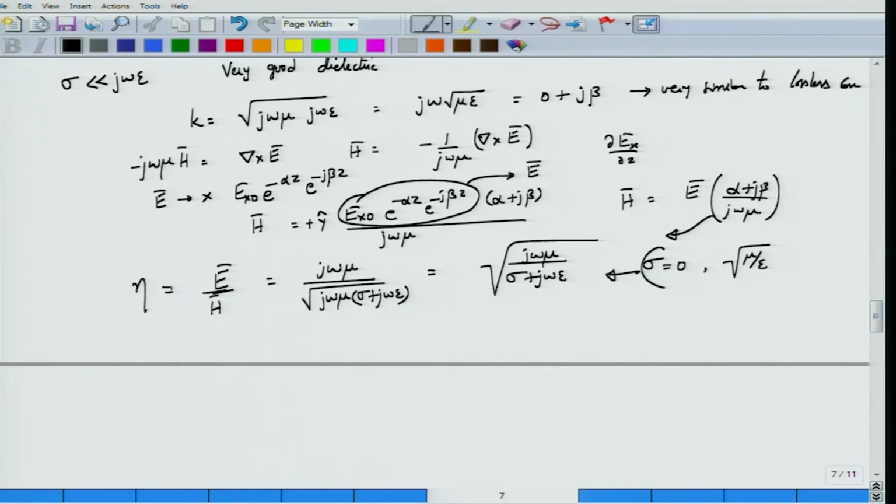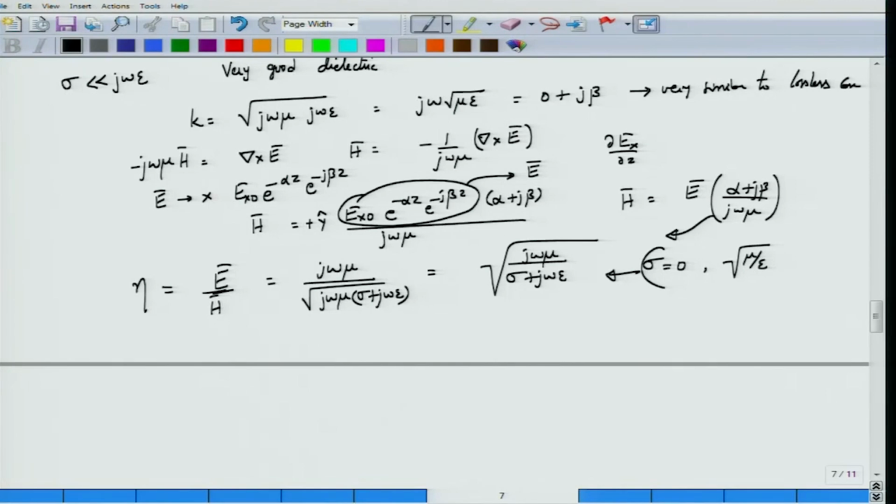For the lossless case, eta will always be real, indicating that electric field and magnetic field are in phase with each other. They carry the full amount of energy. Whereas in this case, eta is complex, indicating that E and H are not in phase with each other. In fact, the phase between the two is not 0, indicating that there is some loss in the power.